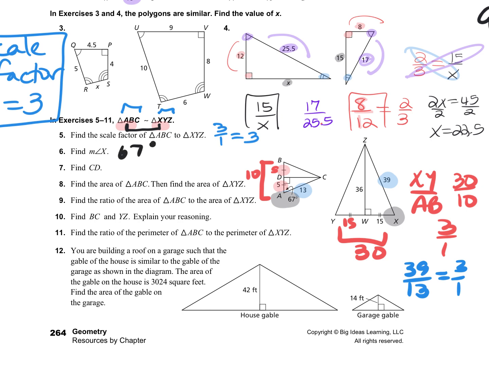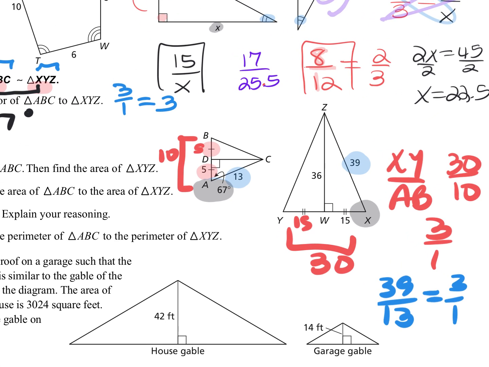To find the length of CD, and CD is an altitude, let me say CD is X, and I'm going to match it with the altitude of the other triangle. So this X is going to match with this 36. And again, I can use the scale factor.